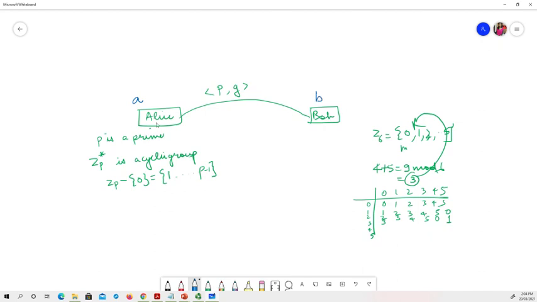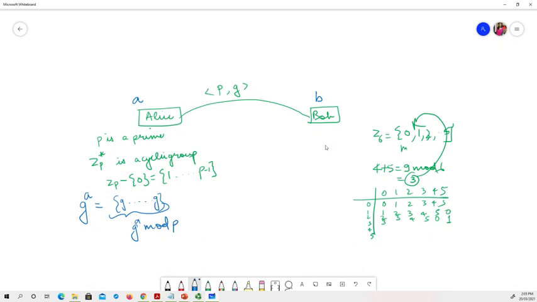Once Alice knows a, she will calculate g to the power of a. Since it is a cyclic group, g multiplied a times gives you the generator value. So g to the power of a modulus p, Alice would be calculating.